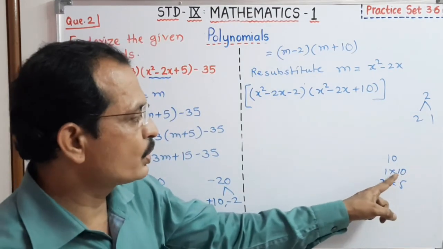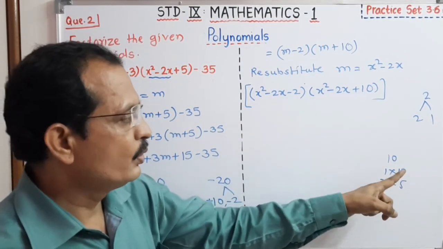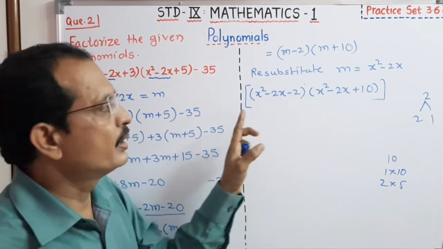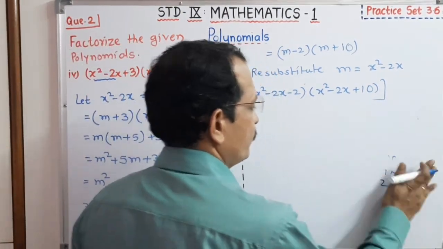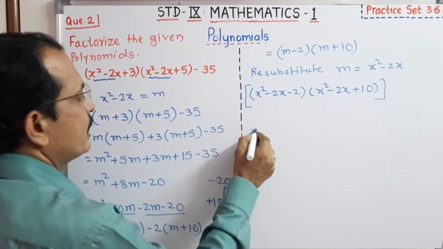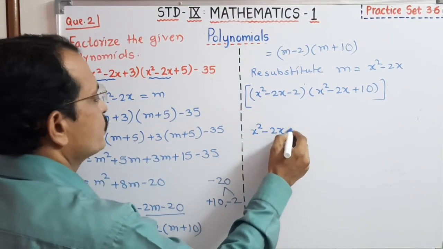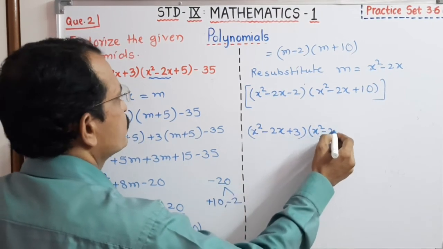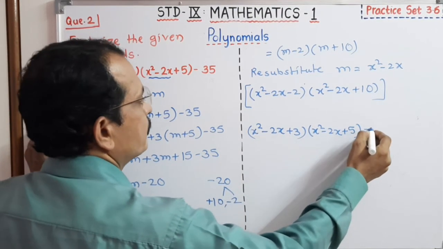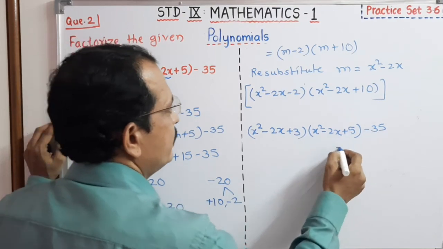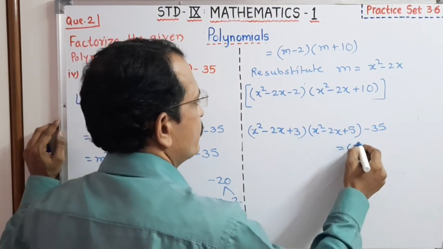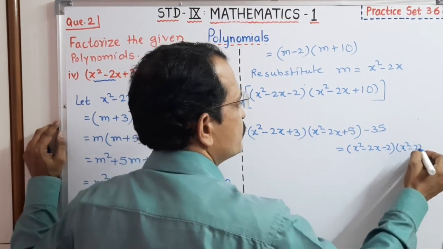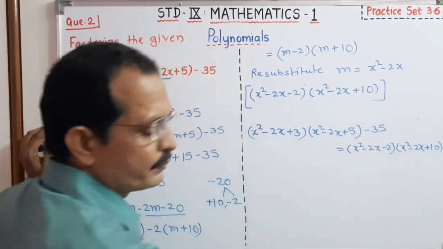If we do the addition of 10 and 1, it is 11. 5 and 2, it is 7. That means we can't factorize this again. Therefore, dear student, this is our final answer. Therefore, we can write here x square minus 2x plus 3 and x square minus 2x plus 5 minus 35 is equal to x square minus 2x minus 2 into x square minus 2x plus 10.